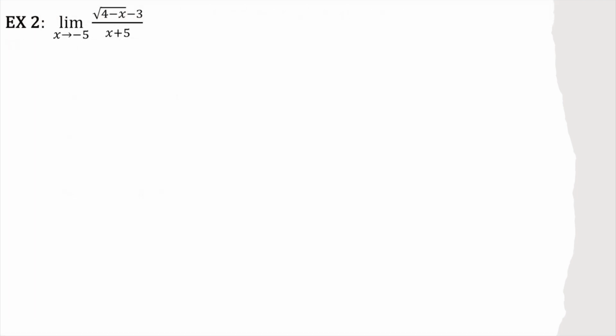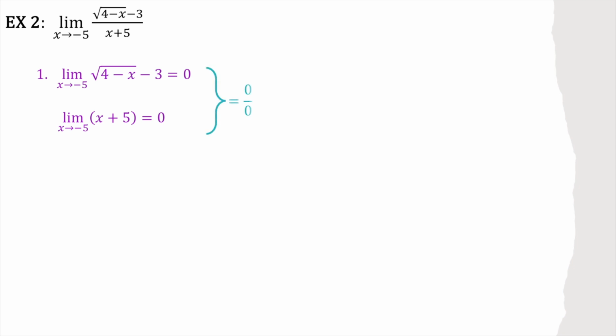Let's go again. The limit as x approaches -5 of the square root of 4 minus x, minus 3, over x plus 5. Always the first thing you do is direct substitution. If you plug -5 into the top, you get 0. We've checked the numerator. Now we have to check the denominator and show that if you plug in -5, you get 0 again.